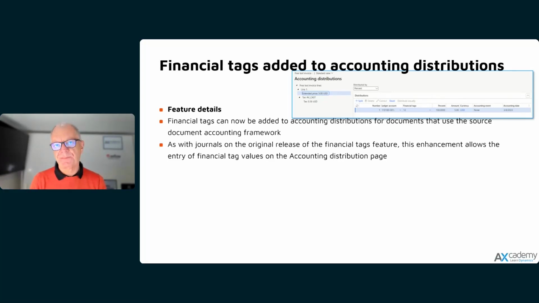So depending on what the purpose is for splitting or distributing the amount on the free text invoice line, you could go with the financial dimensions as always, or you could think about if the tag would do you well. And please remember that the tag values can be modified even after posting. You can't do that with the financial dimensions. And that is good, depending, of course.